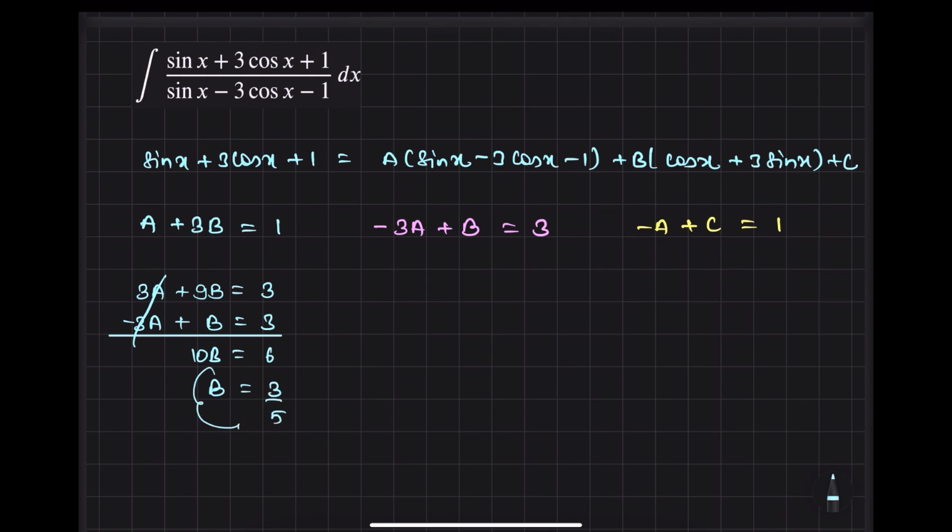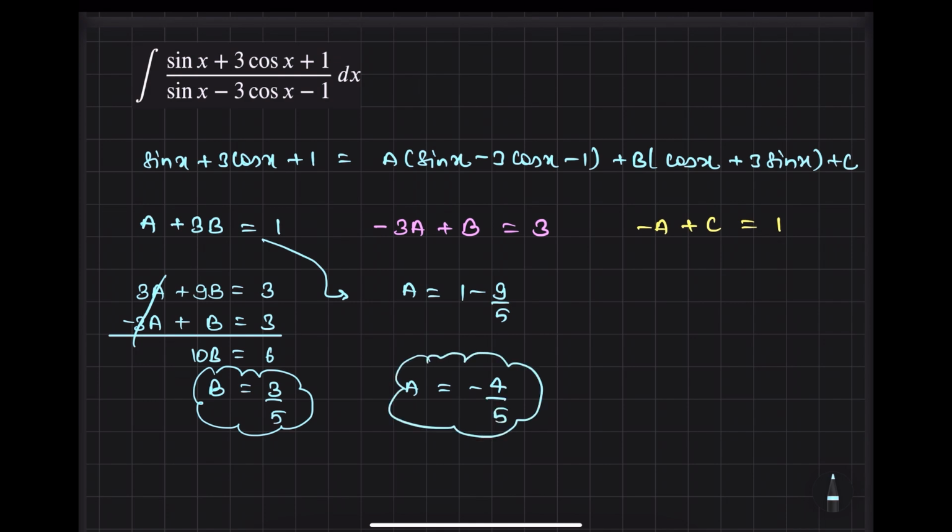Then a equals 1 minus 9 by 5, so a is minus 4 by 5.